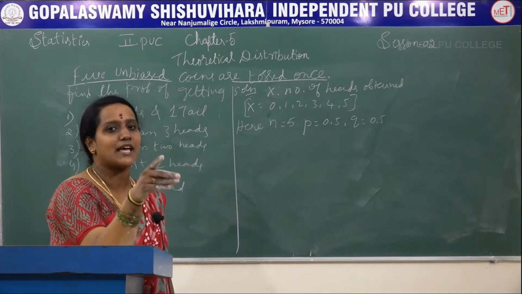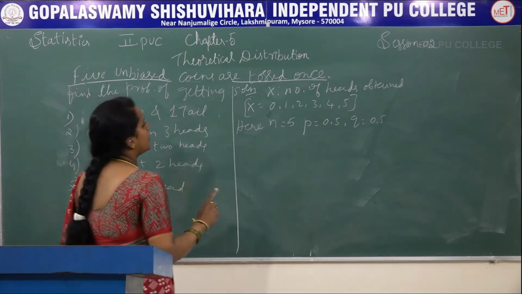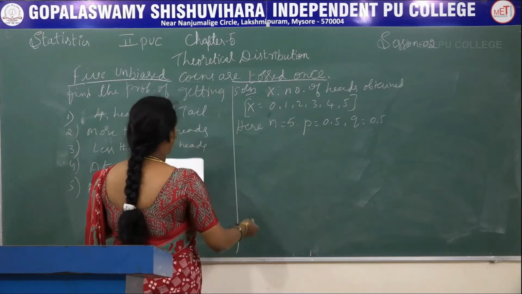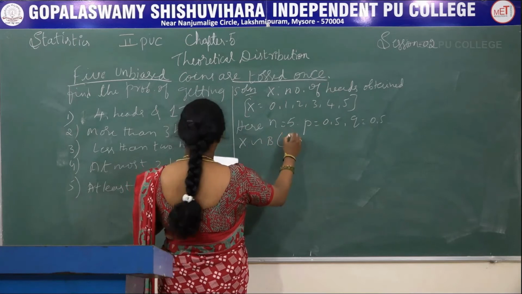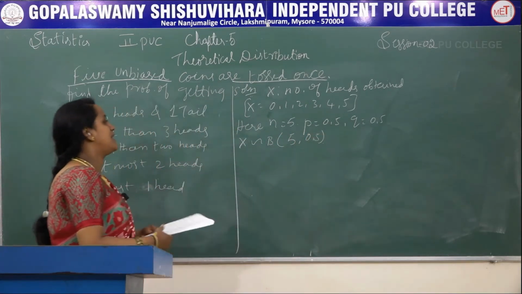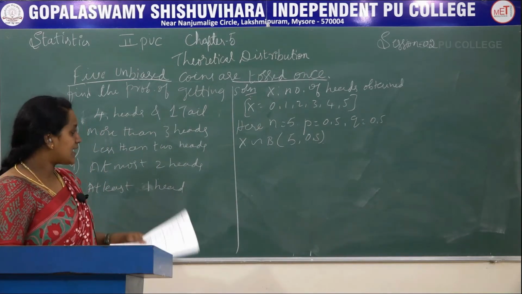So P and Q are 0.5 and 0.5. So x follows a binomial distribution with 5 and 0.5.